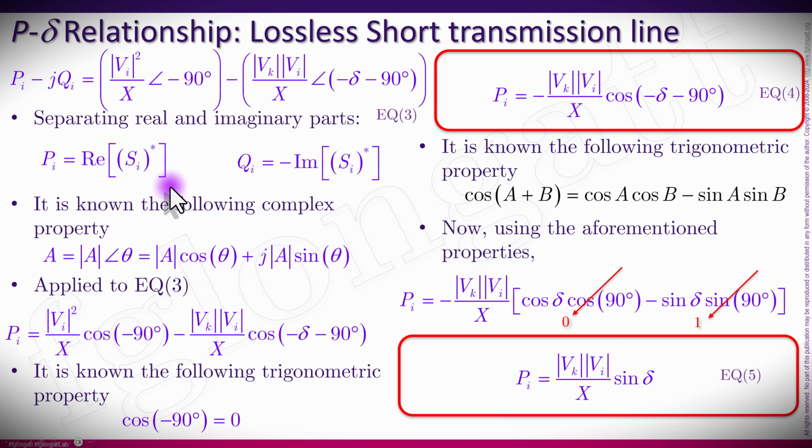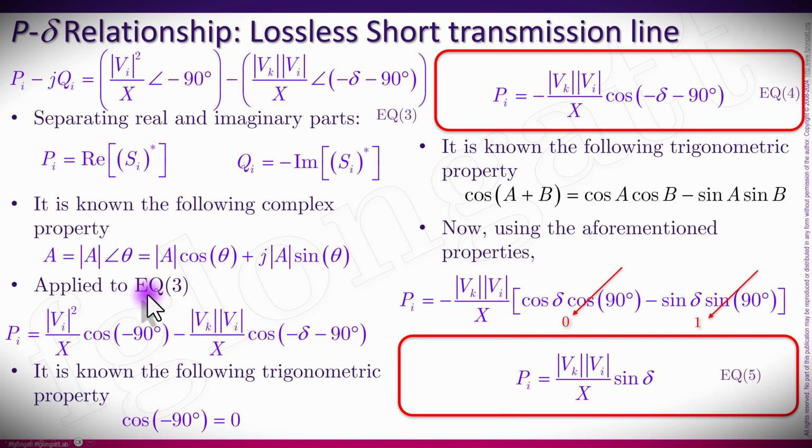You must remember that if we are using polar form representation, we can use this very important complex property, which means that the polar representation can be transformed into rectangular representation by using the magnitude of the complex number and the sine and cosine of the angle.